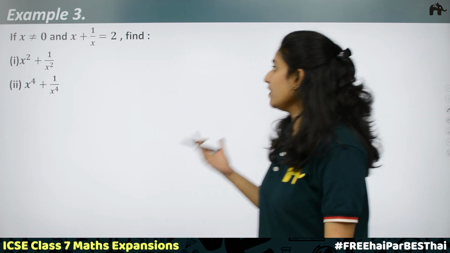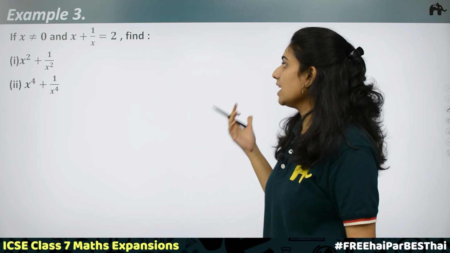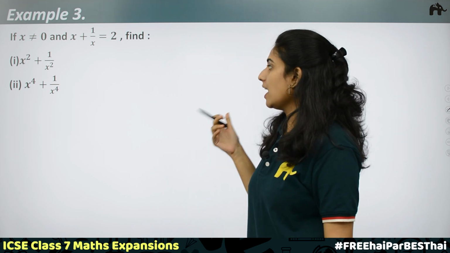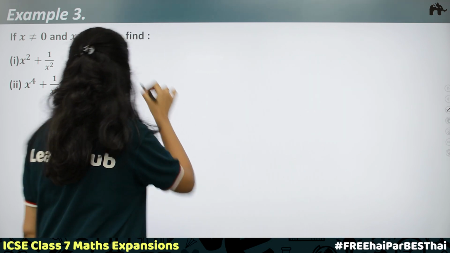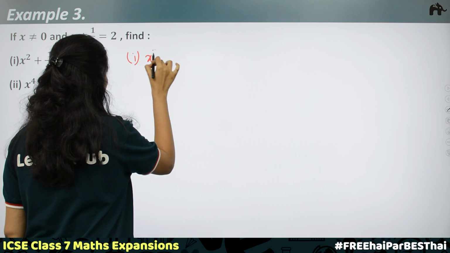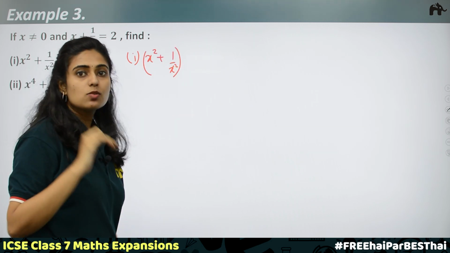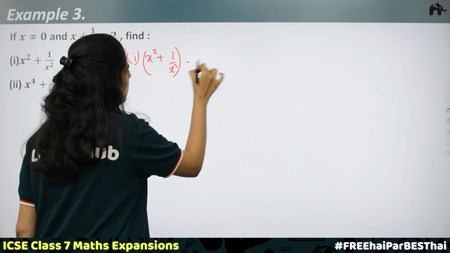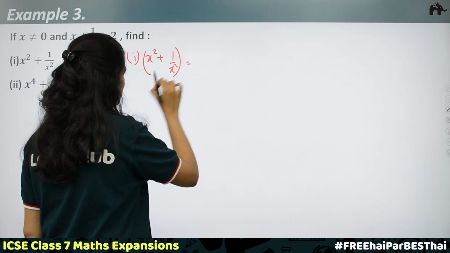Third example: if x is not equal to 0 and x plus 1 by x is equal to 2, find x square plus 1 by x square and x raised to 4 plus 1 by x raised to 4. To find x square plus 1 by x square, we can directly use the formula. Yes, we have a square plus 1 by a square is equal to (a plus 1 by a) whole square minus 2. Same thing we are going to use here.